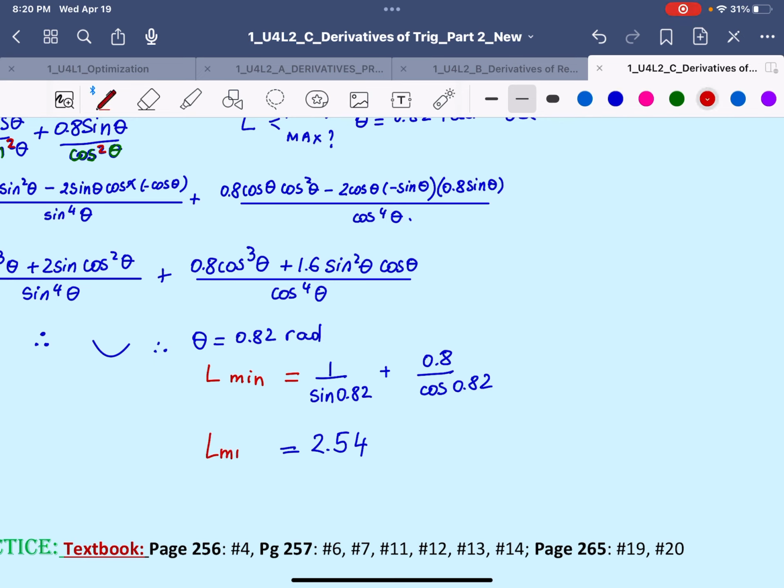So 2.54 meters will be the minimum length that connects the two corner walls.